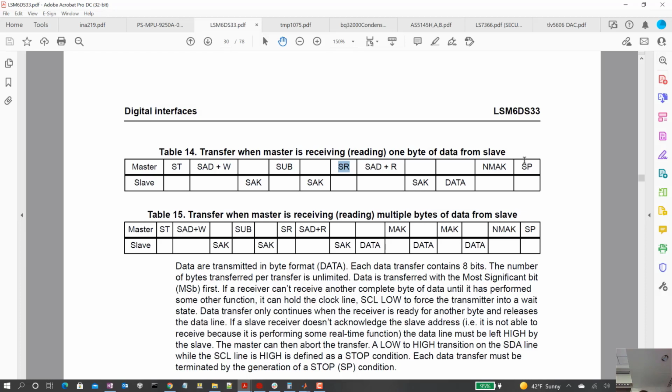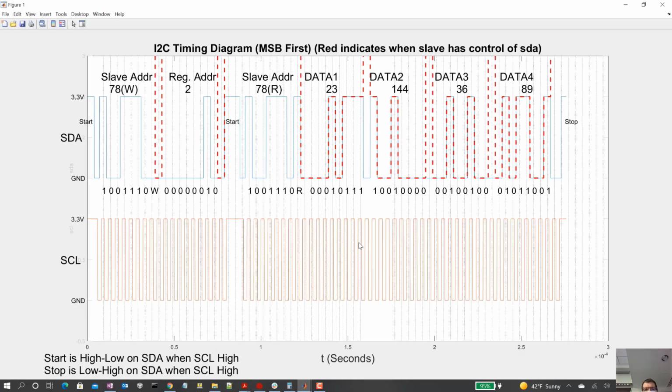Is the start condition and start read condition the same for each device, essentially? It is. The condition is the following, and I want you to see this on the oscilloscope this week as you check off your stuff. When the clock is high, the data line does not move.